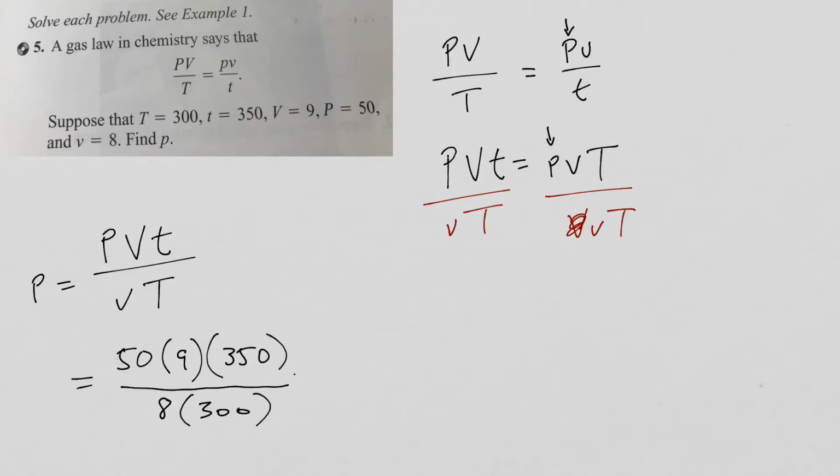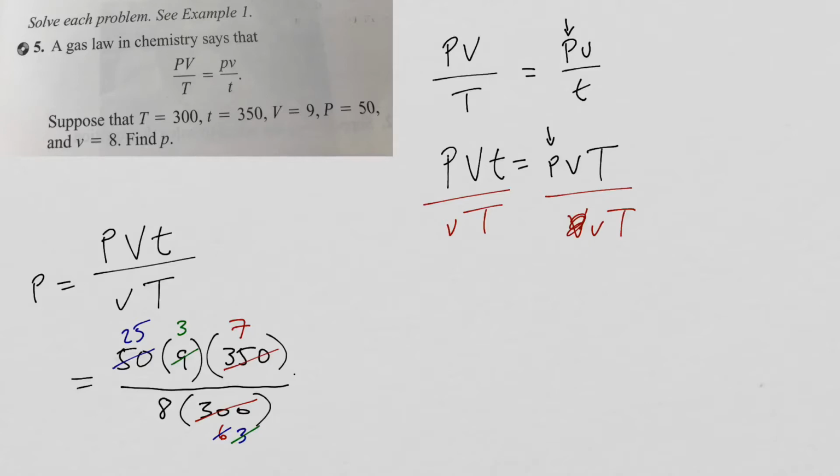50 goes into 300 6 times, into this 7 times. 2 goes into 6 3 times, into 50 25 times. 3 goes into 3 once, into 9 3 times. And I don't see anything else that can cancel.